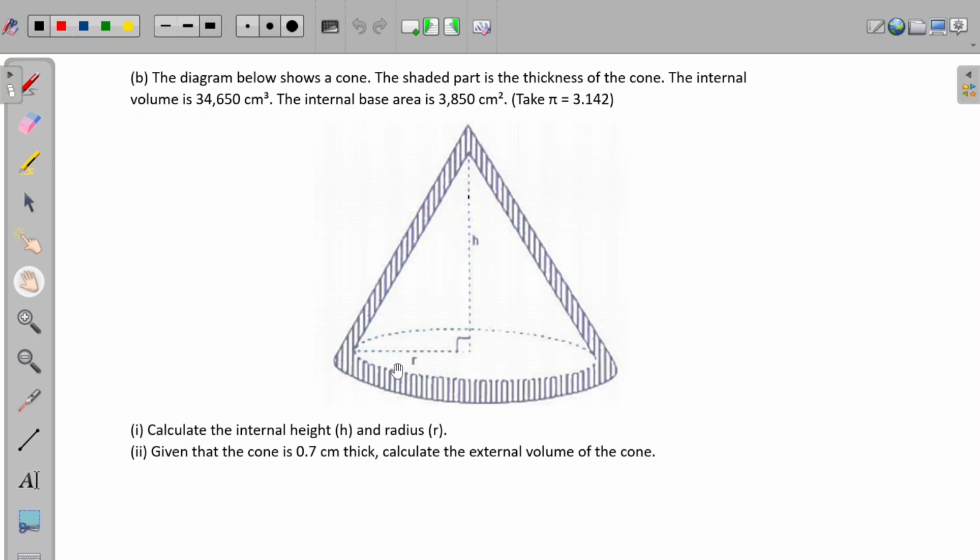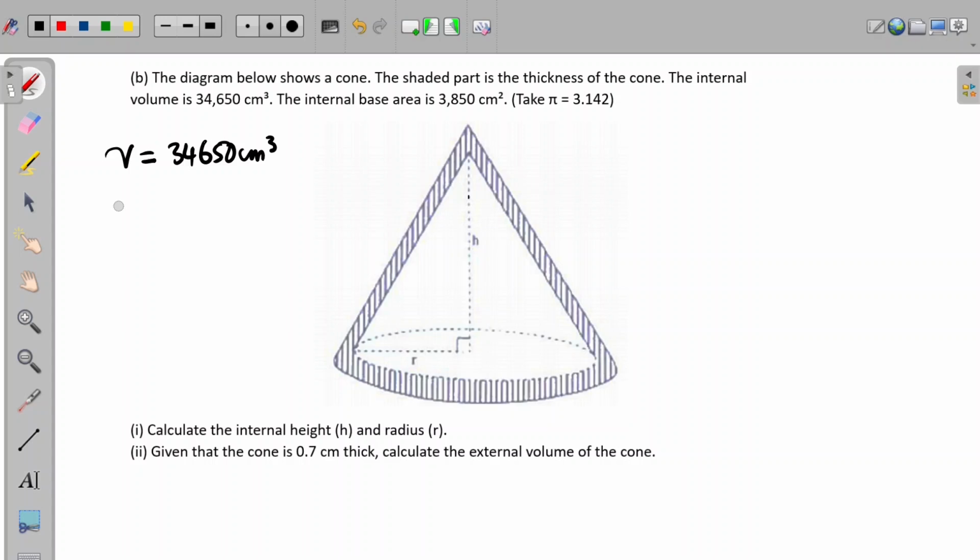So what have we been given which will enable us to find this answer? We have been given volume as 34,650 cubic centimeters.